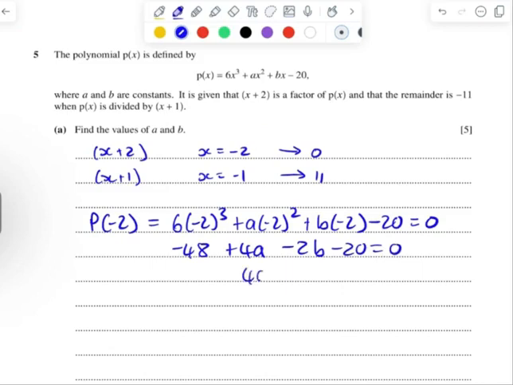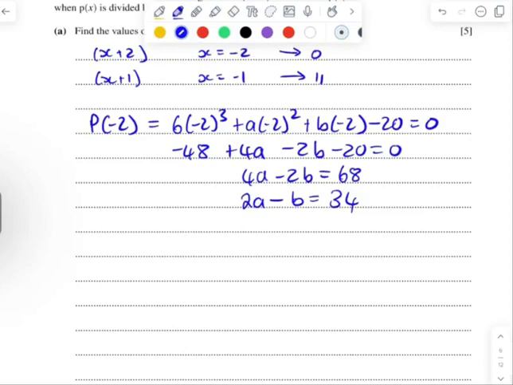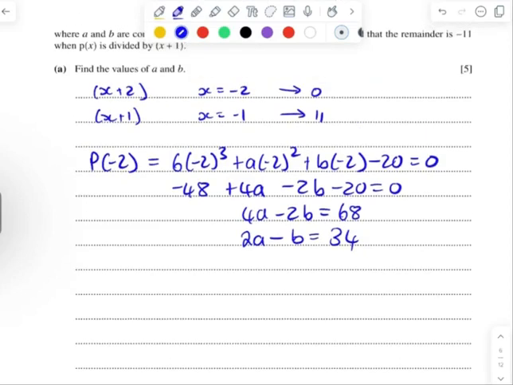Okay, 4a minus 2b is equal to 68. I'm just going to divide everything by 2 to simplify it a little bit. I'm going to leave it like that for now. I might make b the subject of my formula. For now, I'm going to just plug in my minus 1.